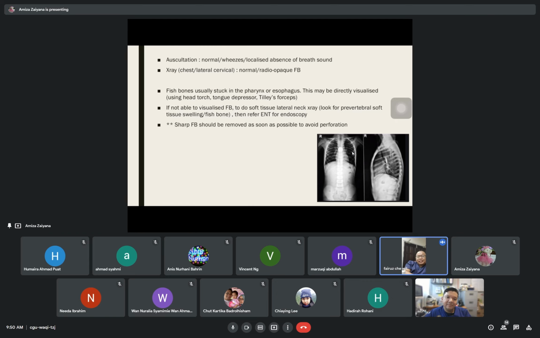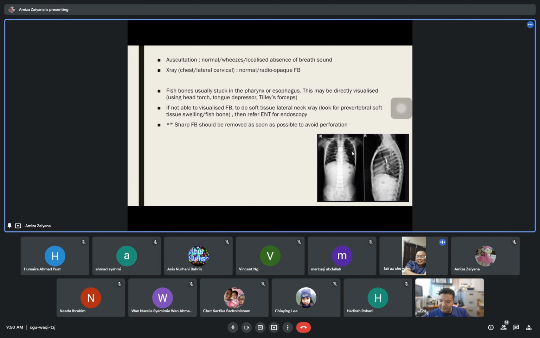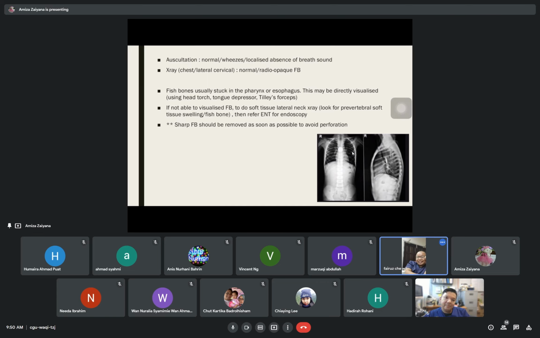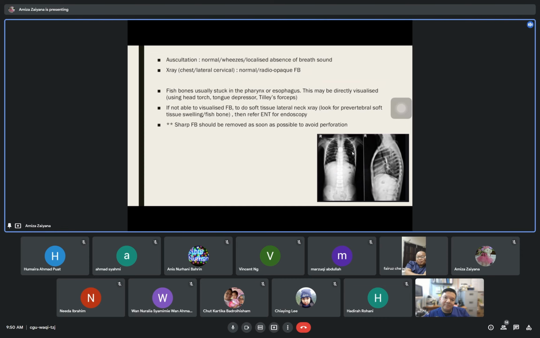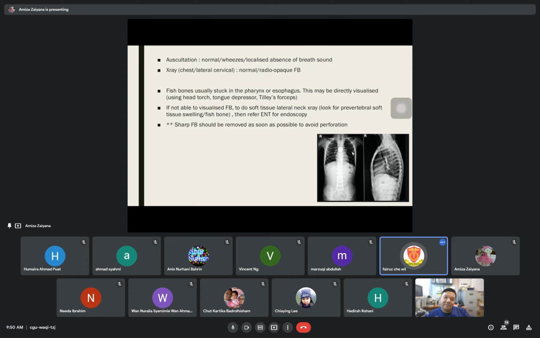If there's a battery, they have to remove it immediately, even though there's no airway compromise, whether in the esophagus or in the trachea. In the esophagus, are you worried it goes into the stomach, Doctor? Yes, it's okay. If it goes into the esophagus, LT said it's a surgical problem. But what I'm trying to get at is, even if it goes into the esophagus or the trachea, you need to remove it urgently. Why?